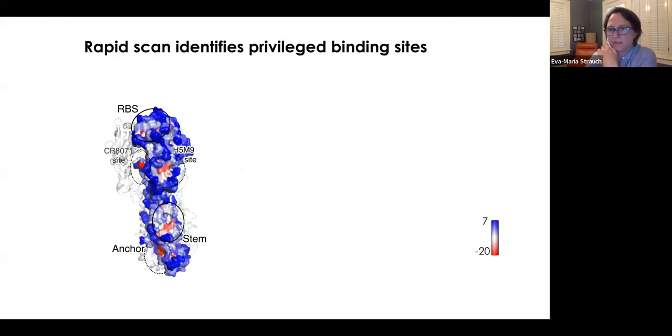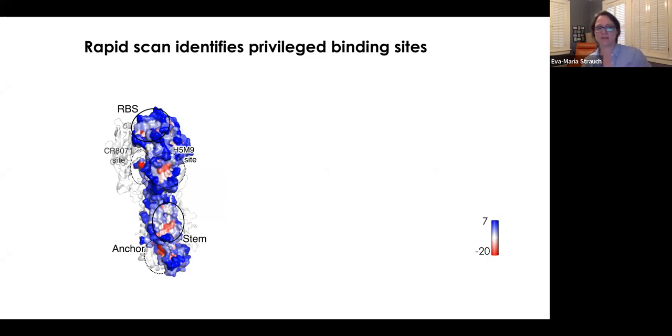The other thing we were curious about is, if you were to take a complete entire surface of the protein, can you find binding sites? Like, do we see privileged binding sites? Because these things have been trained on complexes, and the answer is yes, we can see preferred binding spots. So here is HA again, and so we see several red areas where more motifs bound to.